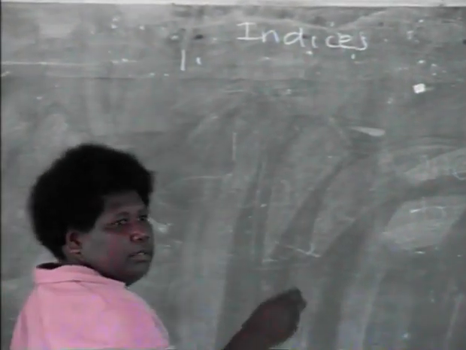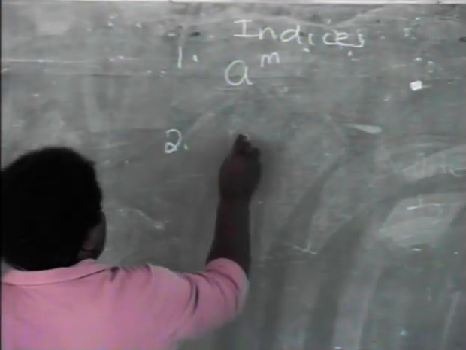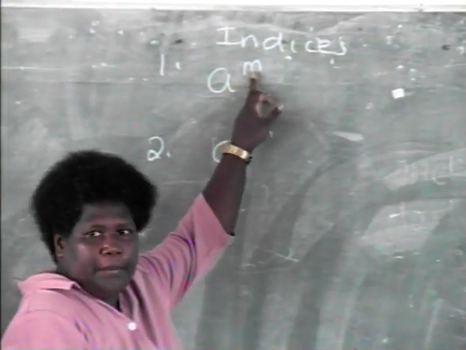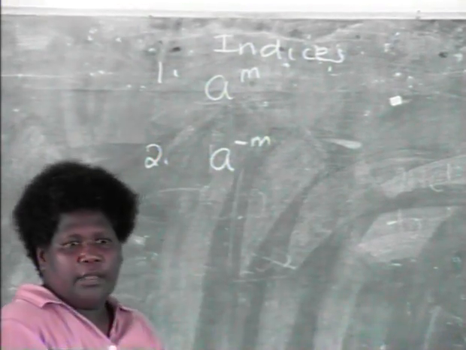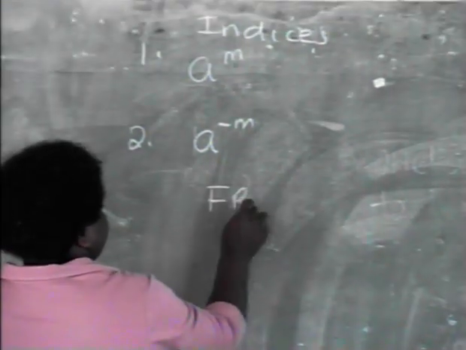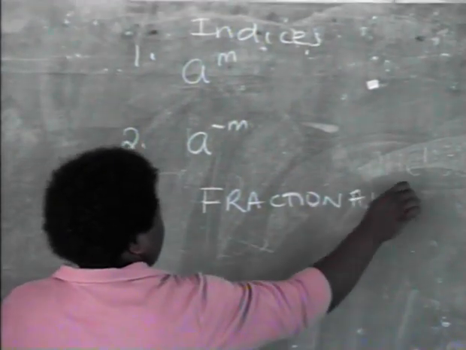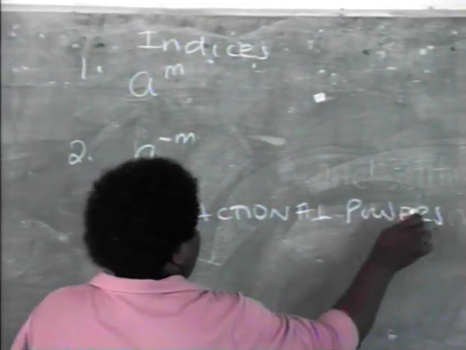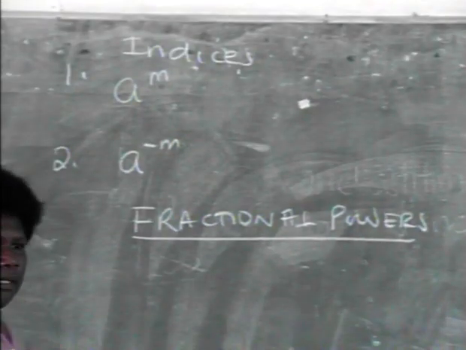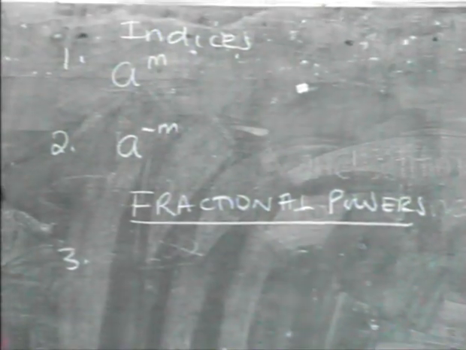So far, we've looked at where A is raised to the power of M, and where A is raised to the power of negative M. This time, we are going to look at, still on indices, fractional powers and what it means. So this is going to be rule number 3.